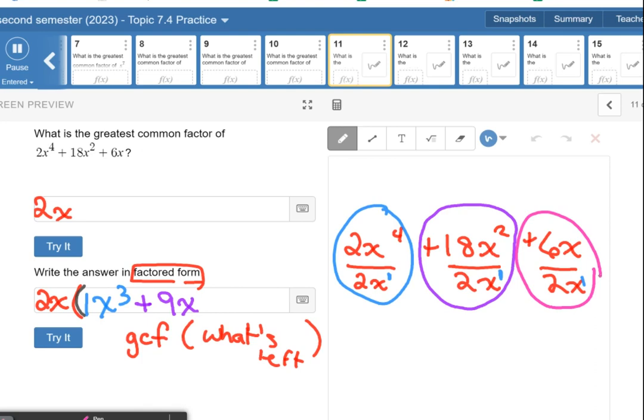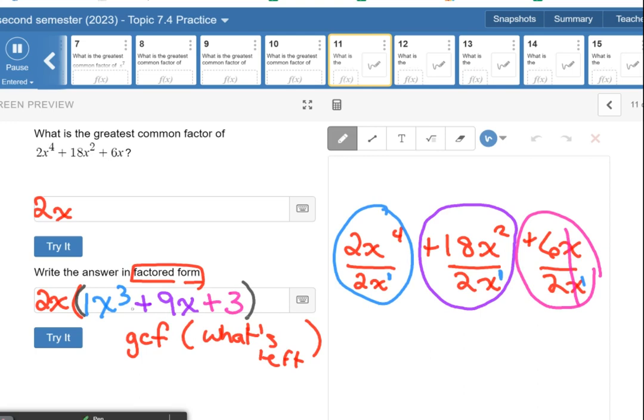And then lastly, positive 6 divided by 2 is a positive 3. X divided by x is technically x to the 0, so we don't have to write that. It just is 3. So the coefficient now becomes just the constant.